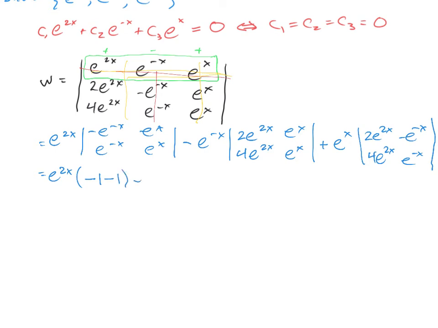And then we're going to have the subtraction, e to the negative x times that forward product, which is e to the 3x, and there's a coefficient of 2, and then minus 4 e to the 3x. And then back here, we're going to have our e to the x times 2 e to the positive x, and then the negative and negative makes plus 4 e to the positive x.